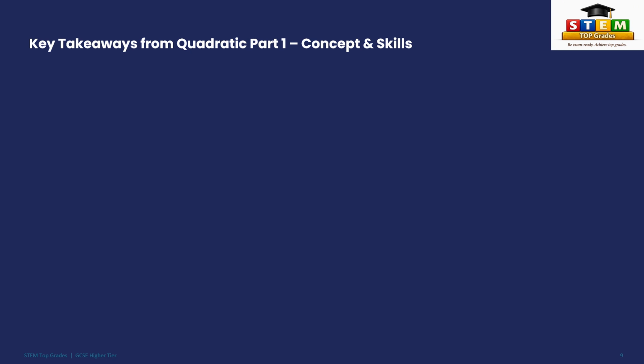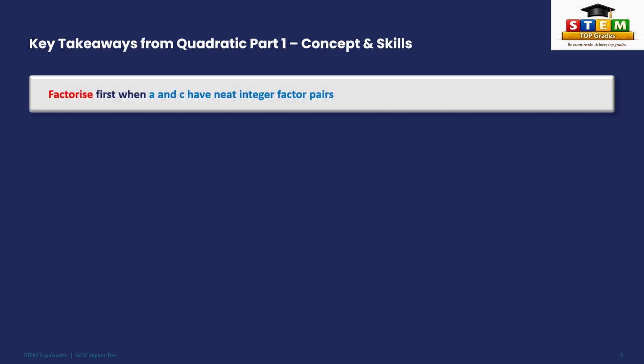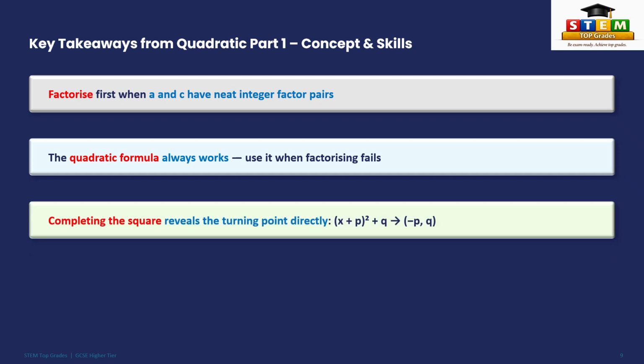Key takeaways from Quadratics Part 1, concepts and skills. Factorize first when a and c have neat integer factor pairs. The quadratic formula always works, even when factorization doesn't, and it works for any quadratic expression.